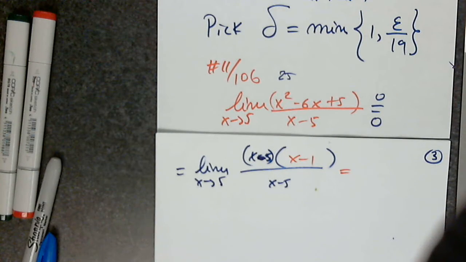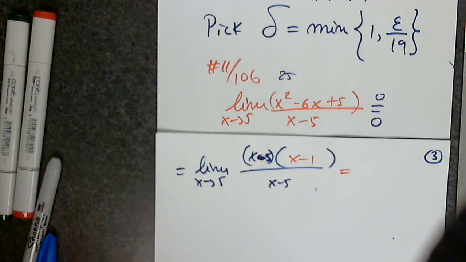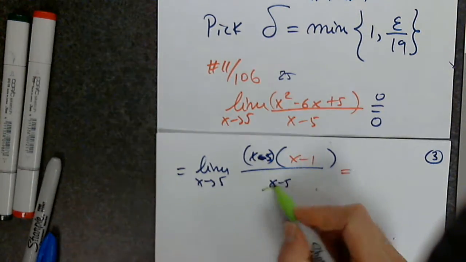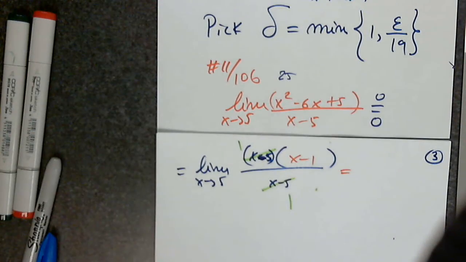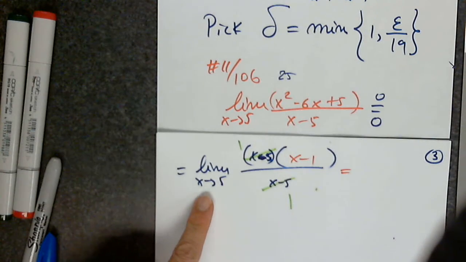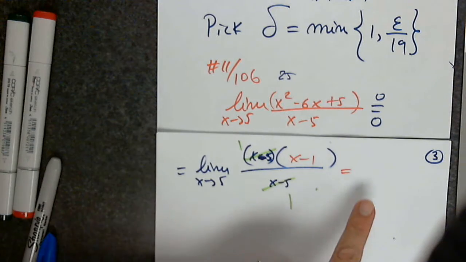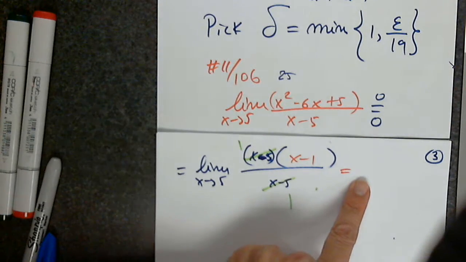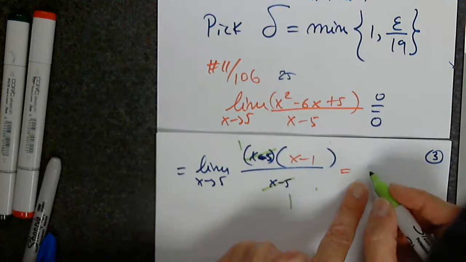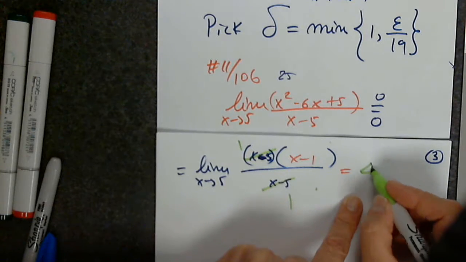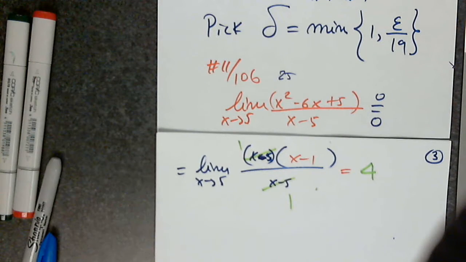So therefore, what happens next? Finally, remember, please, I did not drop the limit operator. Now I can drop it because I plug in 5 again and I get this. The limit operator disappears at the very last step.